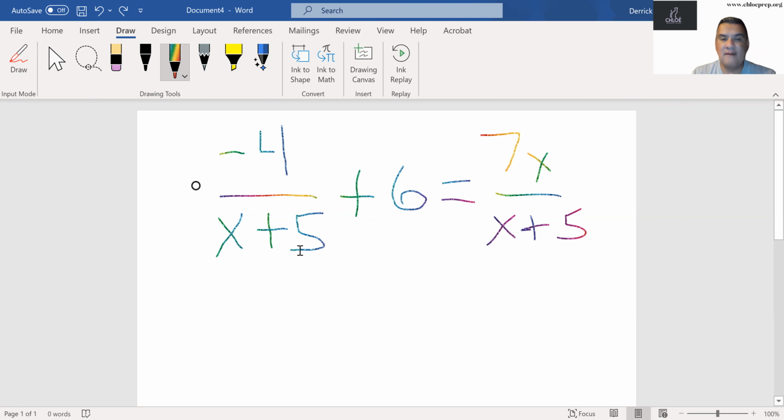So x cannot make this bottom part 0. Like we did when we were foiling, we want the opposite of this, because that would make it 0. The opposite of 5 is -5, because -5 plus 5 would be 0. x cannot be that. It's the same expression over here on the bottom, so it's the exact same answer.